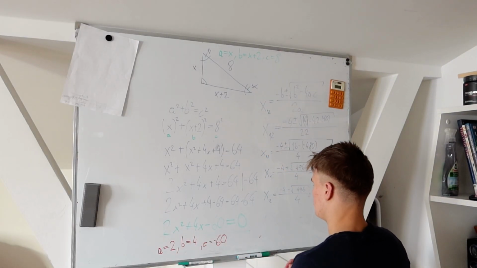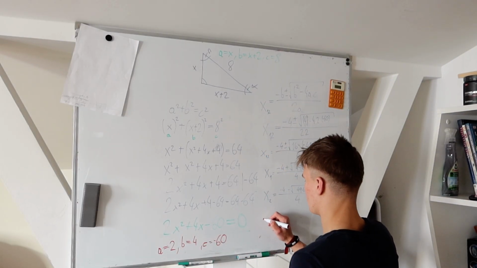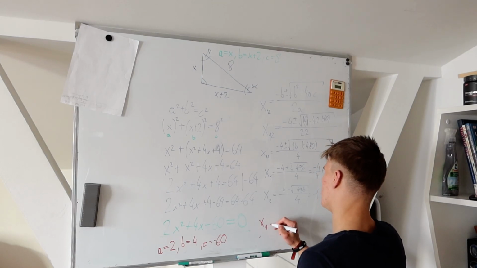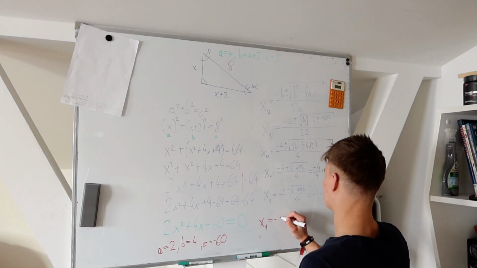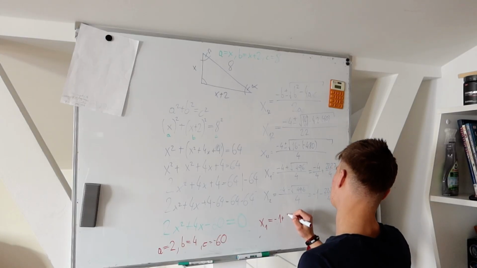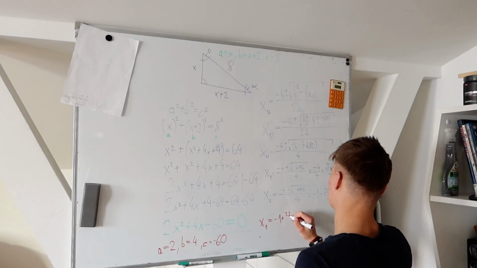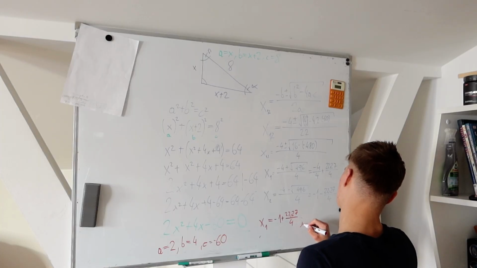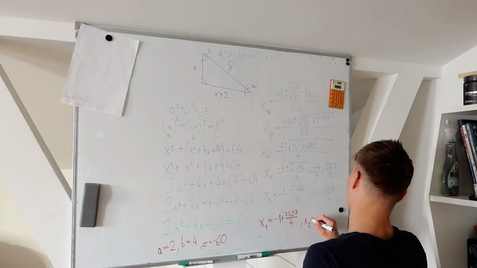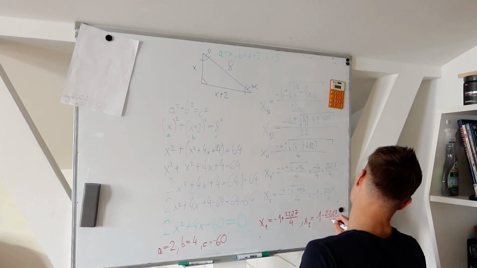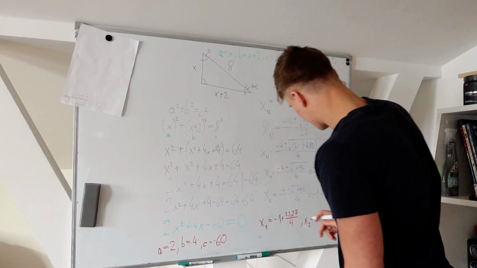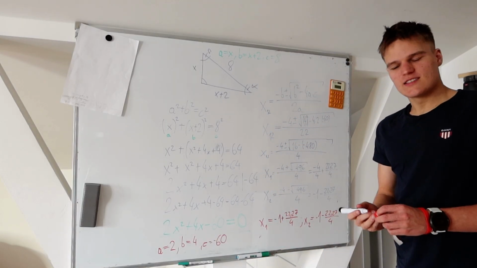Let's now put down the actual value of x. So we have x1 is equal to minus 1 plus 22.27 over 4, and x2 is equal to minus 1 minus 22.27 all over 4. Great! This is our answer, guys.